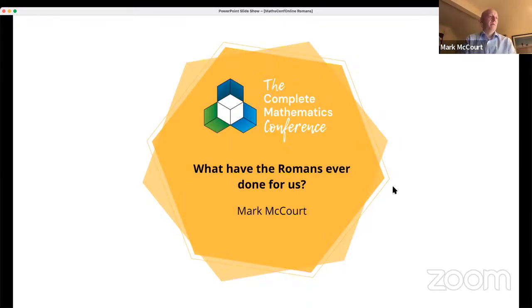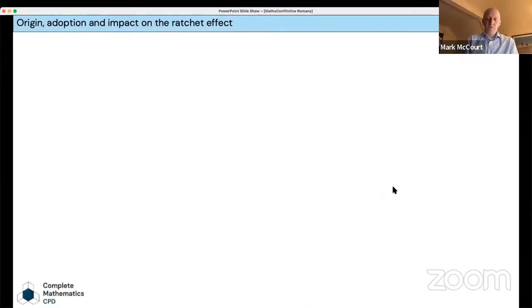Okay. So let's just start as though nobody knows anything about Roman numerals, which is obviously not going to be the case. Roman numerals is a strange thing to have in a mathematics curriculum. And fairly recently, the English national curriculum made a bit of a thing about including it on the program of study for primary schools.